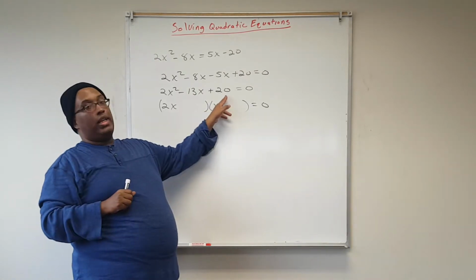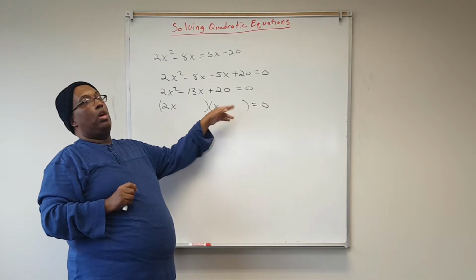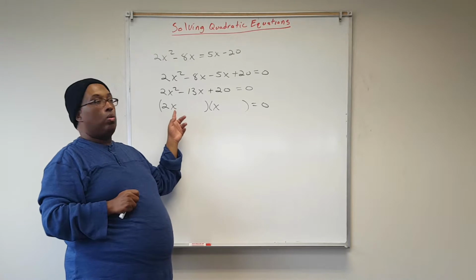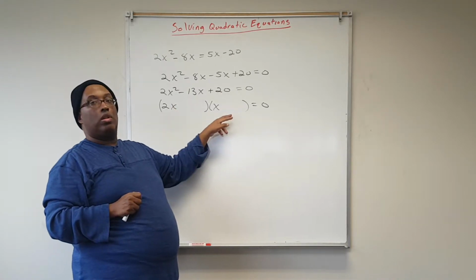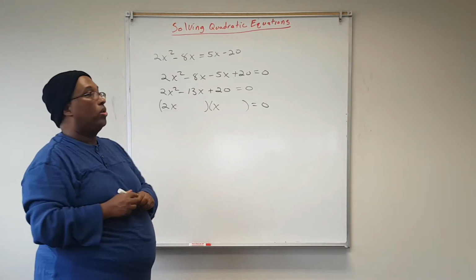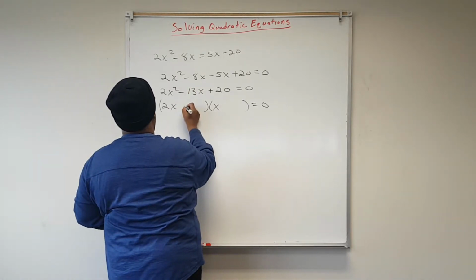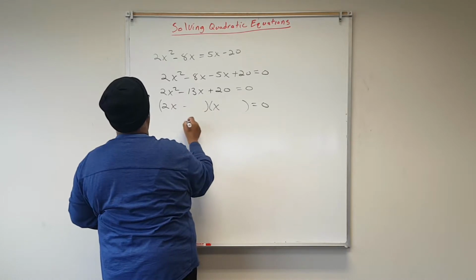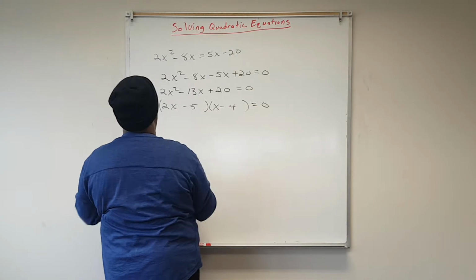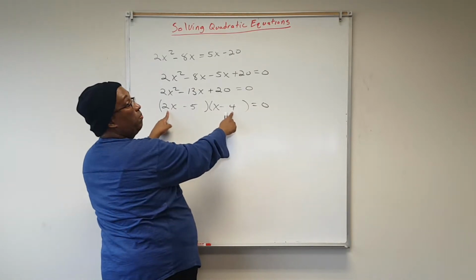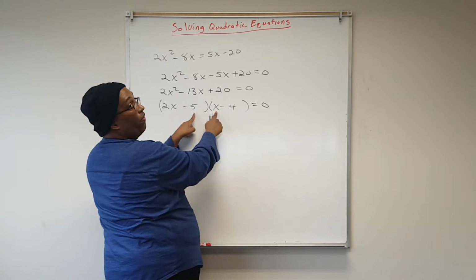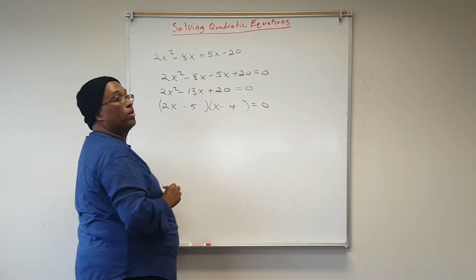Well, 20 is 4 and 5, but if I multiply the 2 times the 4, that gives me 8. 8 and 5 will give me 13. So this can be 2x minus 5, x minus 4. This one times this one will give me negative 8x, and a negative 5x, so negative 13x.